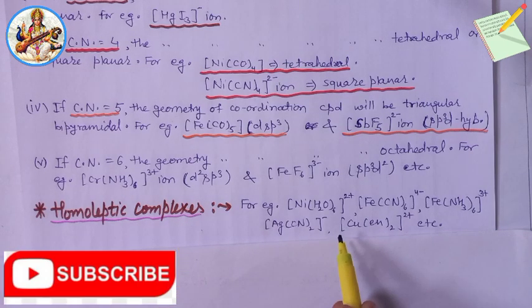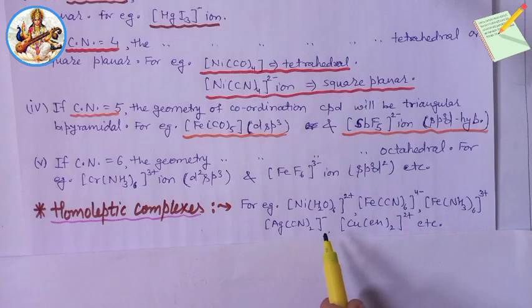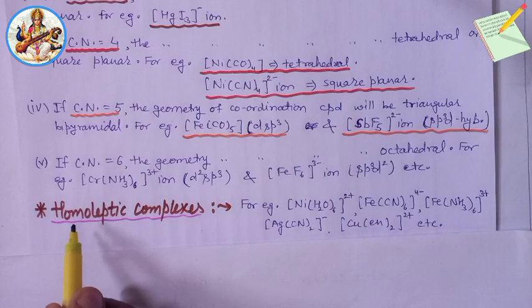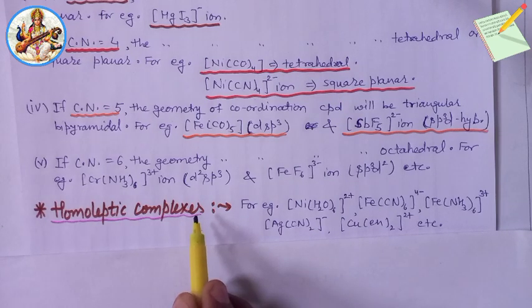In all these complex ions, the central metal is surrounded by only one type of donor site. Therefore, these are homoleptic complexes.